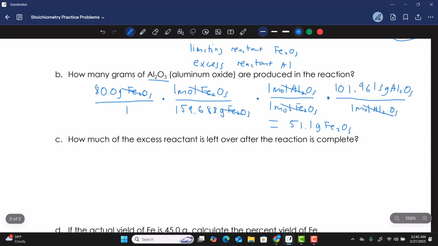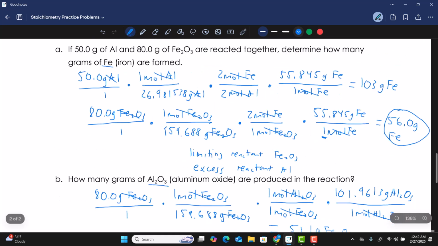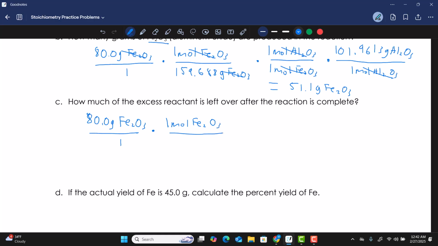So now we want to find the amount of excess reactant left over after the reaction is complete. So to do this, we would start with the limiting reactant, which is Fe2O3, and we had 80 grams of that. So we want moles of Fe2O3 on the top, so that we have grams on the bottom so that they can cancel out, and we just found this here.